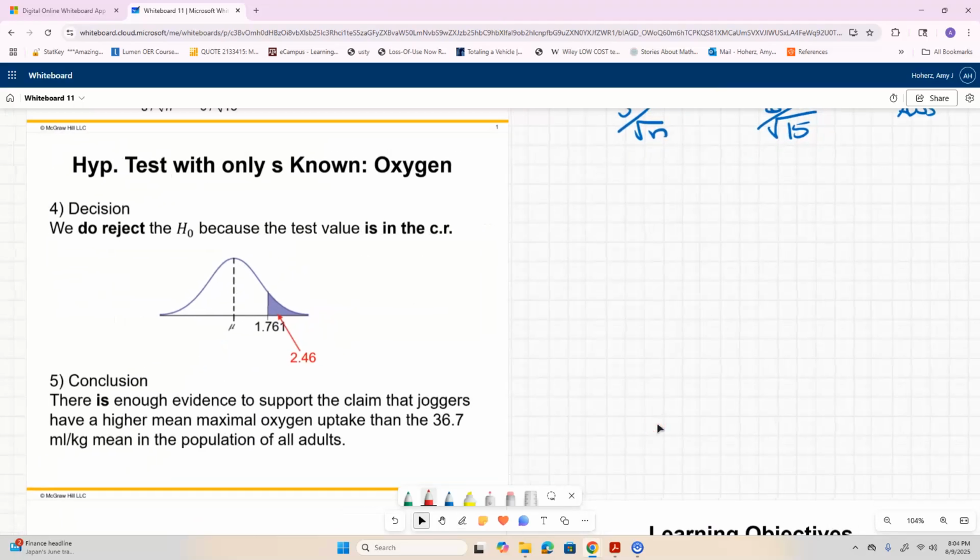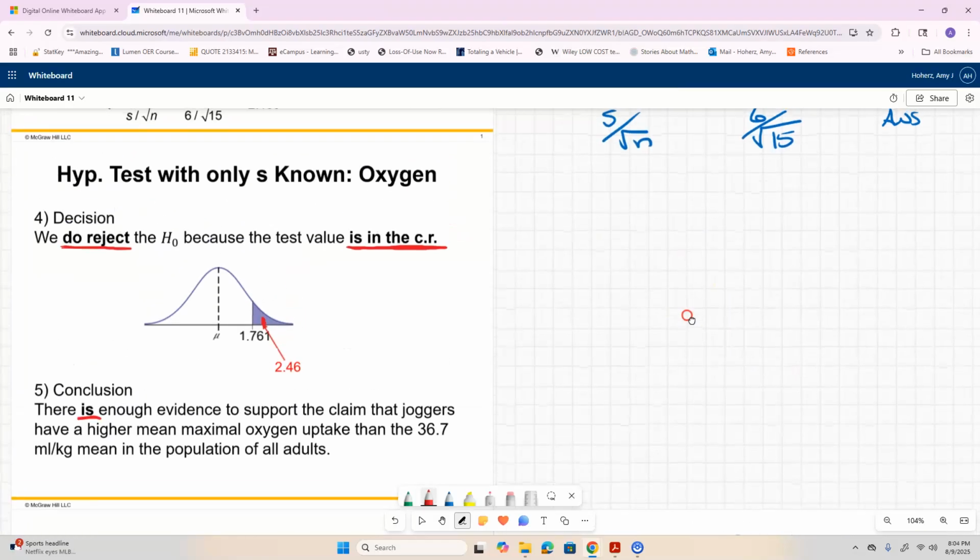We do reject the null hypothesis because the test value is in the critical region, in the rejection region. So the conclusion is that there is enough evidence to support the claim that joggers have a higher lung volume than the 36.7 mean of the population of adults.